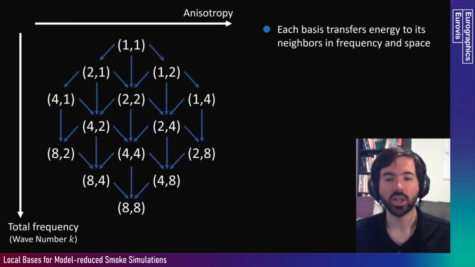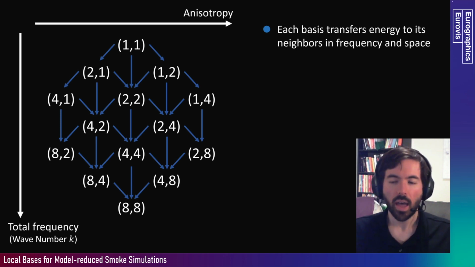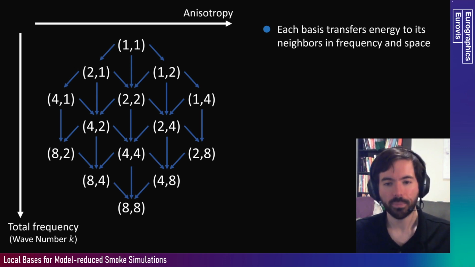And now for the energy transfer between the frequency layers, we again try to replicate the behavior of the energy cascade. So we organize the frequency layers in a graph like this, and at each time step we transfer some of the energy from the coarser layers towards the finer layers. And we can do this by taking some portion of each basis coefficient and transferring it directly to its smaller neighbors.